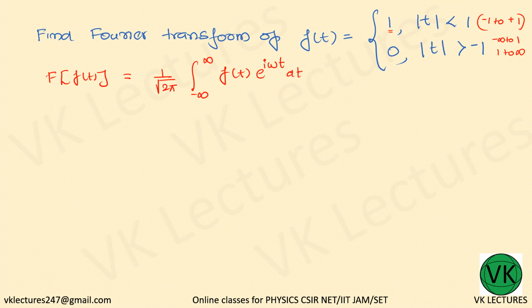Now we don't have the function from minus infinity to 1, so rewriting this: 1 over root of 2 pi, integral from minus infinity to 1, the function is 0, so 0 dt, plus 1 divided by root of 2 pi integral from, sorry, this is minus 1, so minus infinity to minus 1 and 1 to infinity, that's correct.